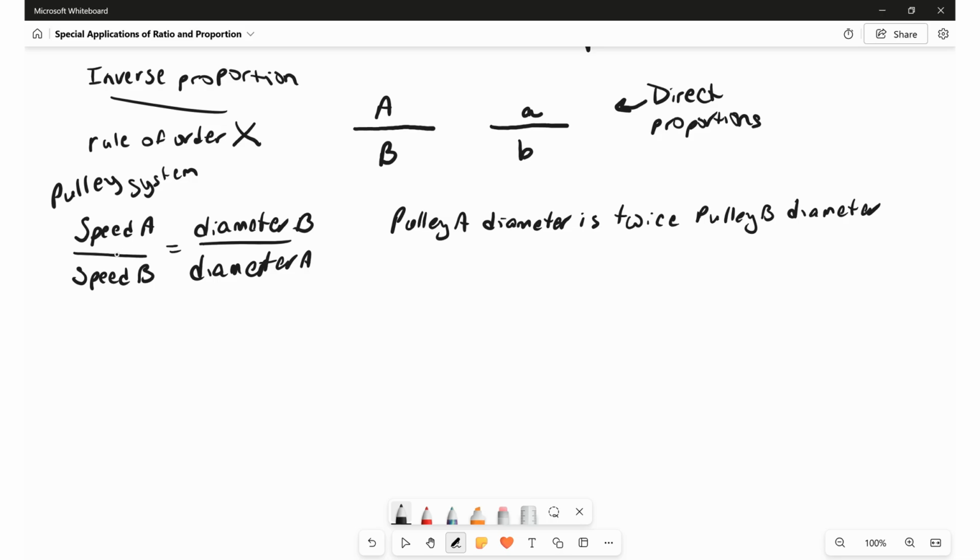And we are also told that when pulley A makes one turn, pulley B makes two turns.